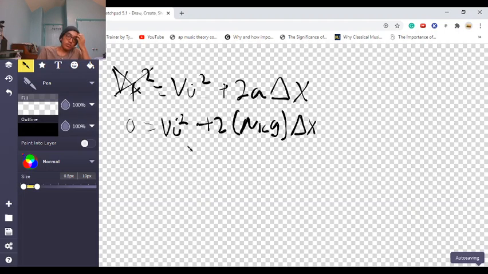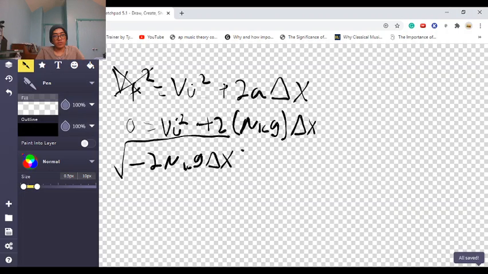Now, let's try to get this number by itself. It's simple algebra. Mu k g times the displacement, and then the square root, equals v initial. Immediately you can see here that you can't take a square root of a negative number.